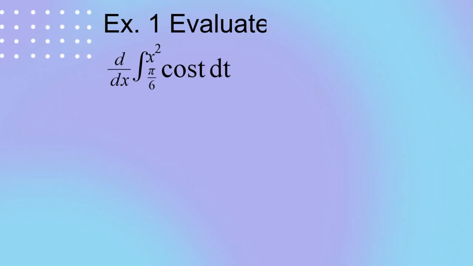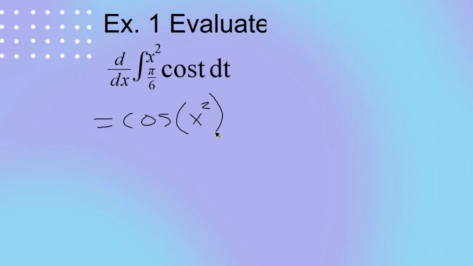Alright. On this next one, I have the derivative of the integral from pi over 6 to x squared of cosine t dt. So again, we have t's on the inside, so we're going to plug in that top bound. So this time we have a cosine of x squared.